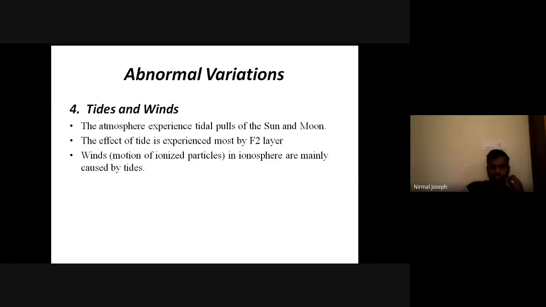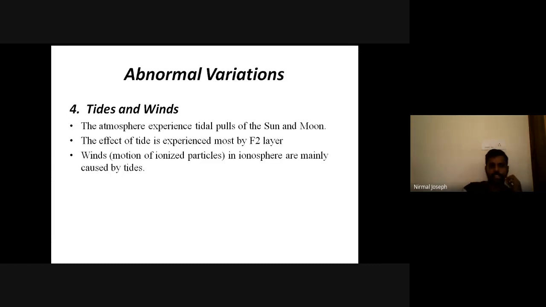Okay, winds. Winds means motion of ionized particles. Winds with respect to the ionosphere, ionospheric winds, means motion of ionized particles. So winds in the ionosphere are mainly caused by tides, just as our natural tides. Natural tides means tides in the sea caused by lunar attraction. In the same sense, we can understand this also.